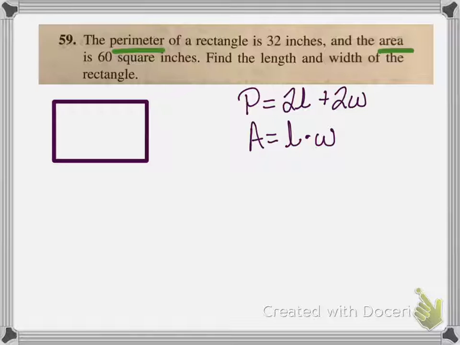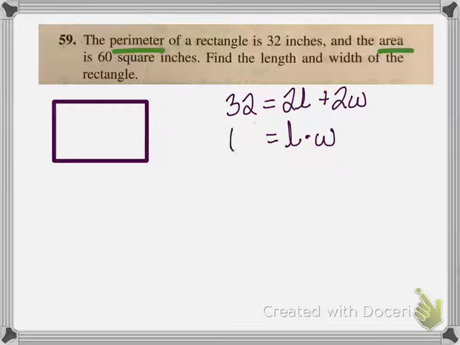Now, I can rewrite my perimeter and I can erase this P right here. And what can I put in for that P? What number value? Good, because it tells me the perimeter of a rectangle is 32 inches. Now I can erase this A, and what can I put in for A? What does it tell me the area of this rectangle is?